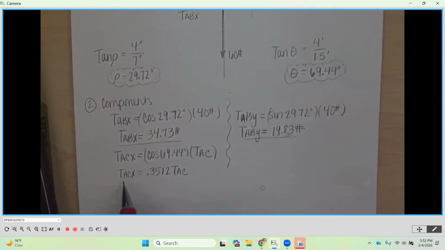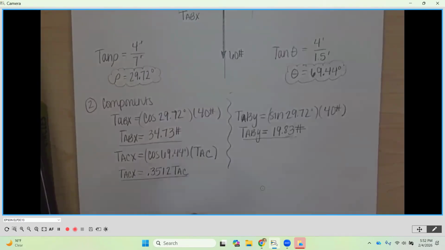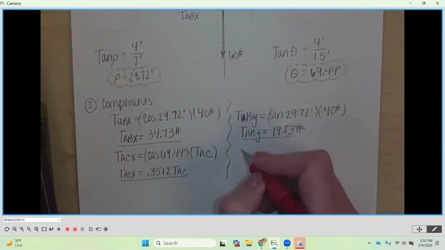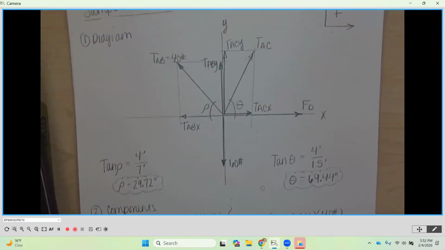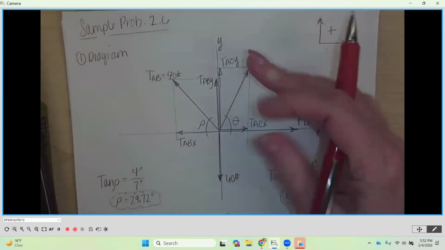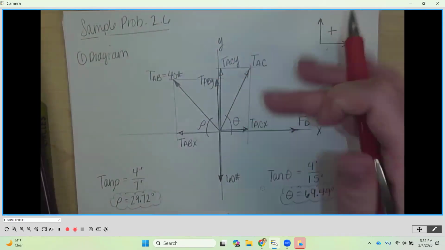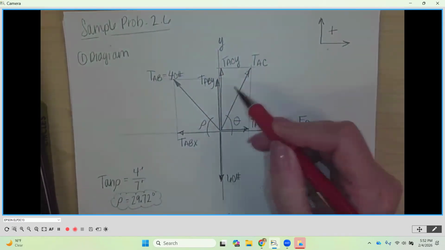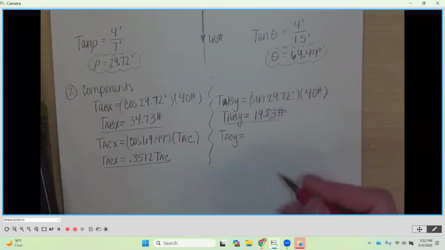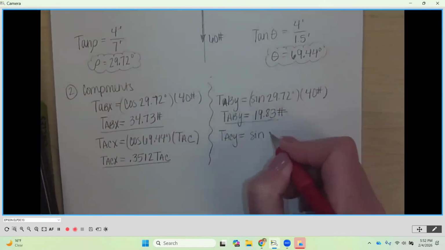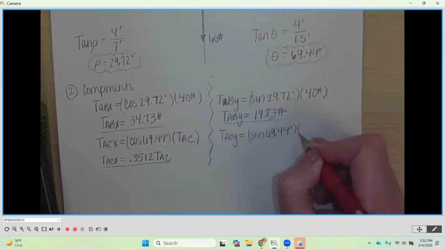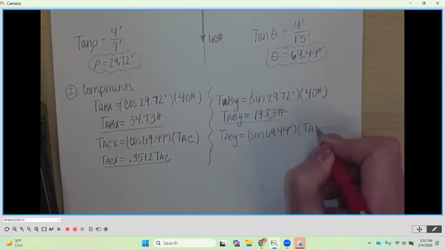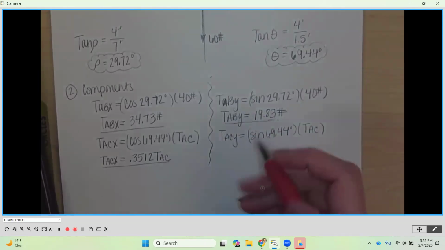Now, TACX, we're going to leave just like this. This is as far as we can go in terms of its hypotenuse. So we're going to do that very same thing for TACY. TACY is the vertical, which is going to be the side opposite using the hypotenuse. So that is going to be the sine of 69.44 degrees times TAC, its hypotenuse.